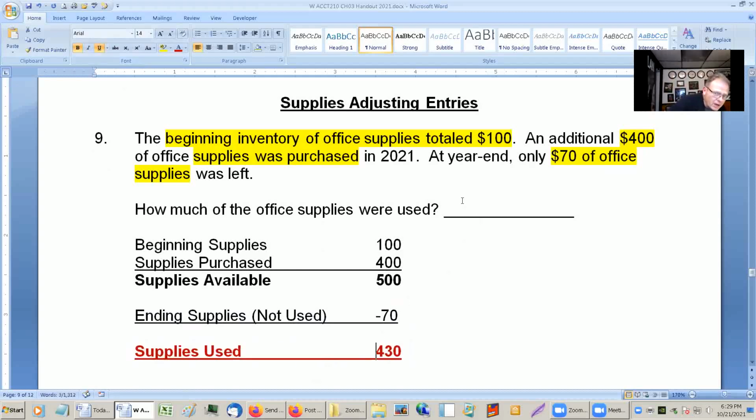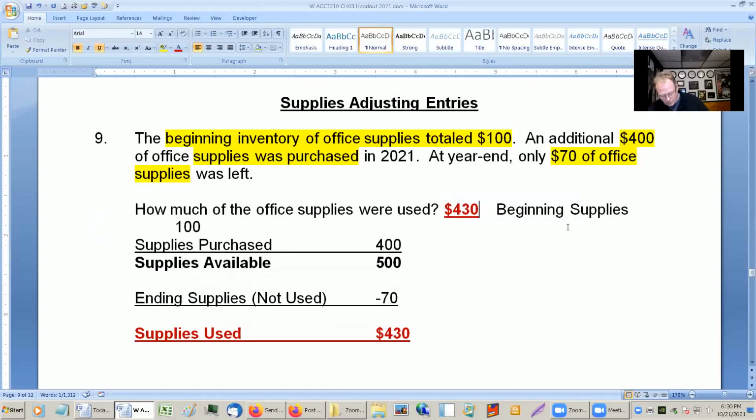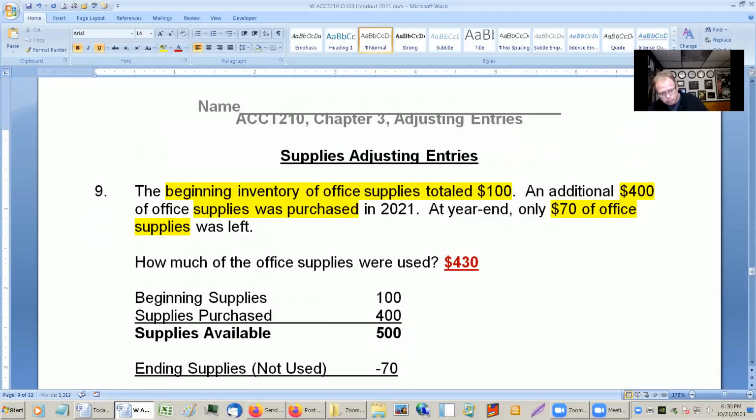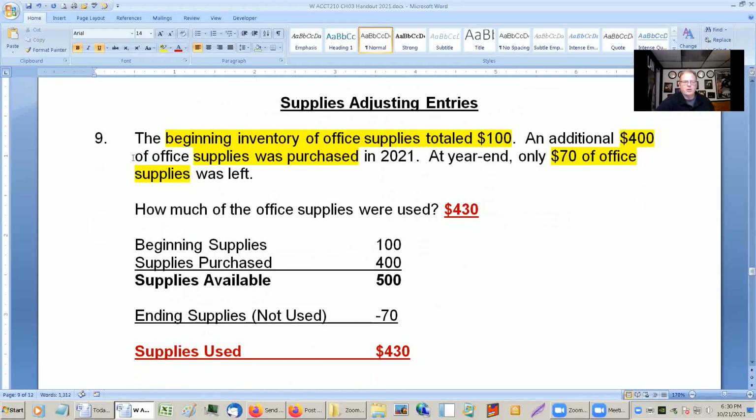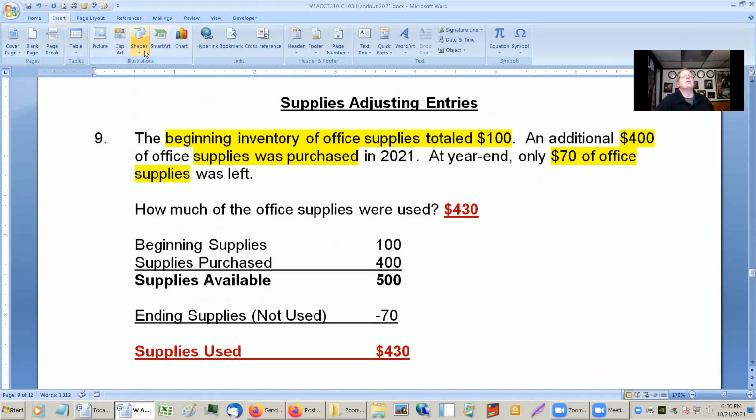So how much of the supplies did we use? We used 430.